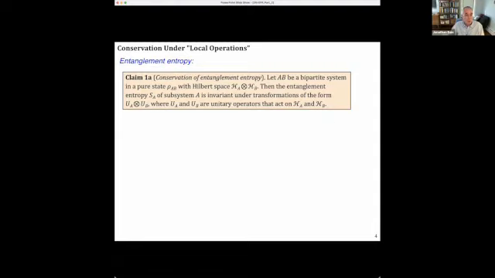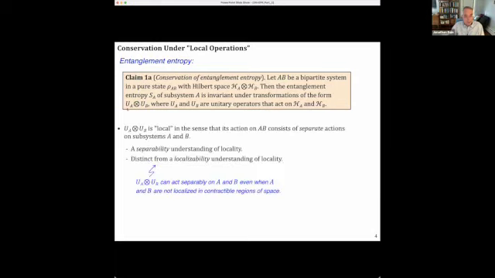Now, this notion of local operations as encoded in operators of this type, this kind of product operator, arguably it's a notion of local in the sense that the action of this product operator on the composite system consists of separate actions on the two subsystems, right?